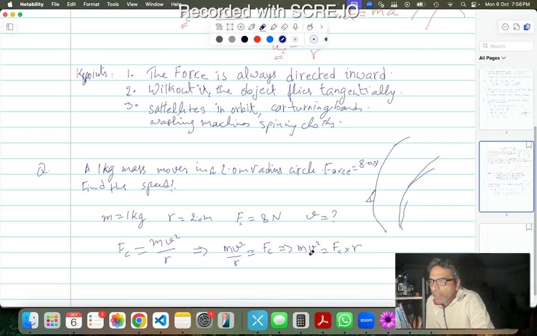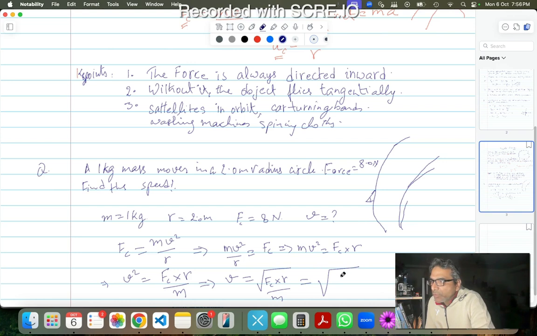Now we can divide both sides by m, so that gives us v square equals Fc times r over m. Now we need the v, so we take the square root of both sides.